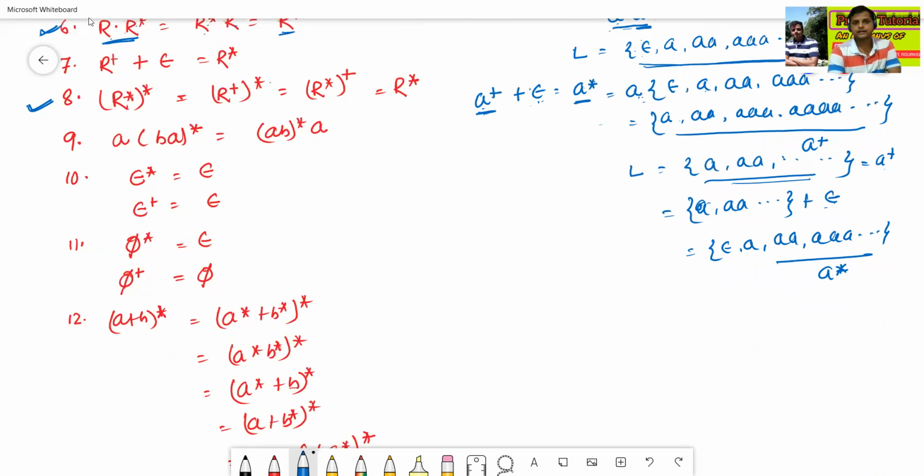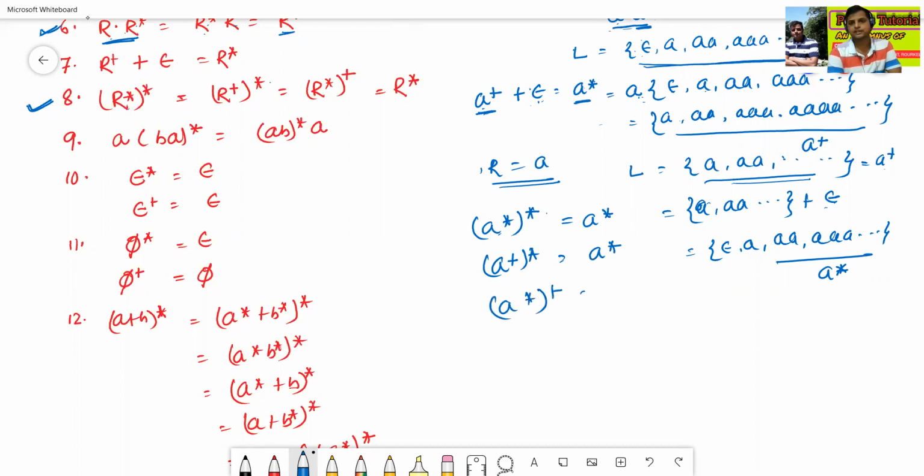Suppose r is a. Then a whole star gives a star. If we use a plus whole star, the output is only a star. If we give a star whole plus, the output is also a star.